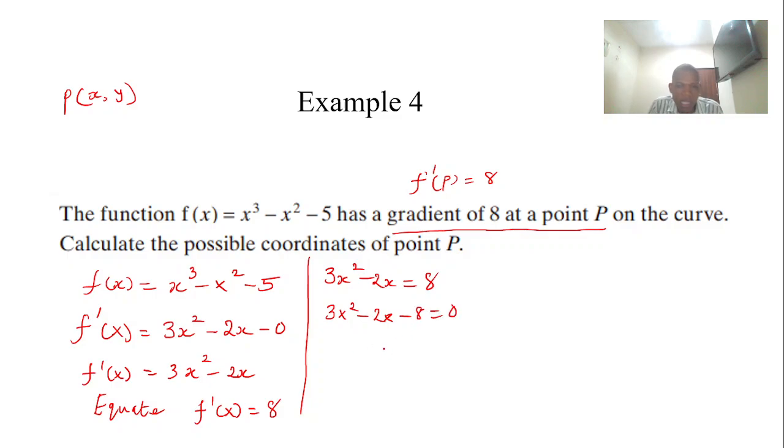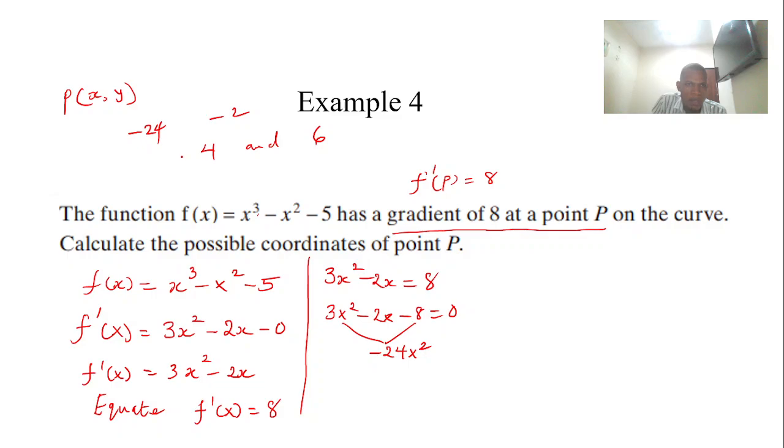0. Now when I factorize this, 3x squared times -8 gives -24x squared. Now think of two numbers, two factors, that multiply to give -24 and add to give -2. My two numbers are obviously 4 and 6, but I should change the sign.